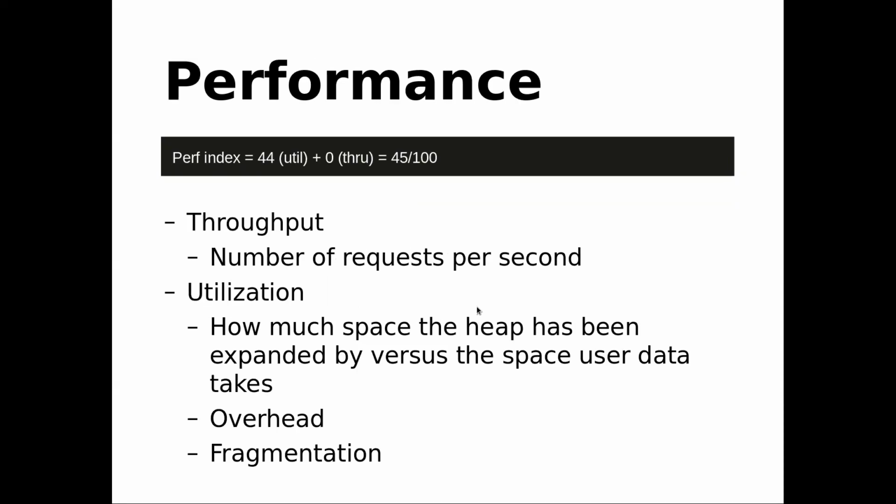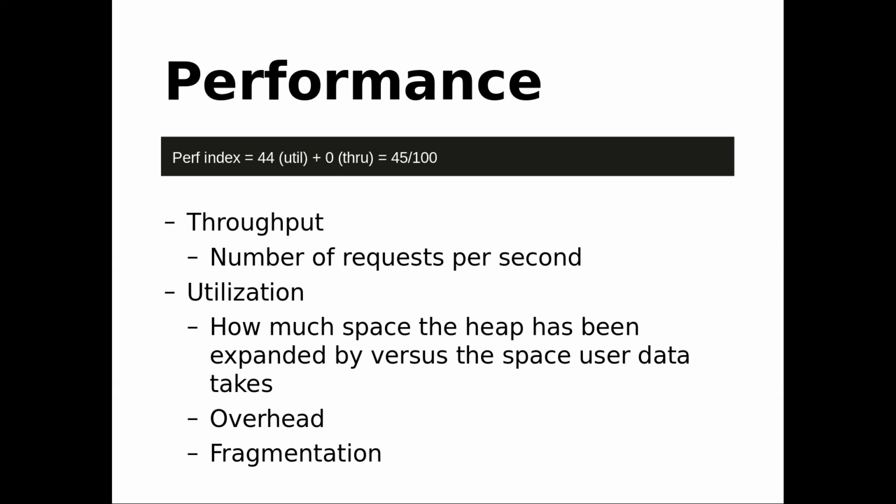And so this is the performance. We have throughput and utilization. Throughput is the number of requests per second, and utilization is essentially your space utilization: how much space the heap has been expanded by versus the space the user data takes.